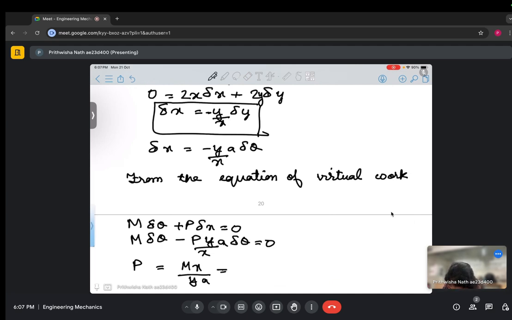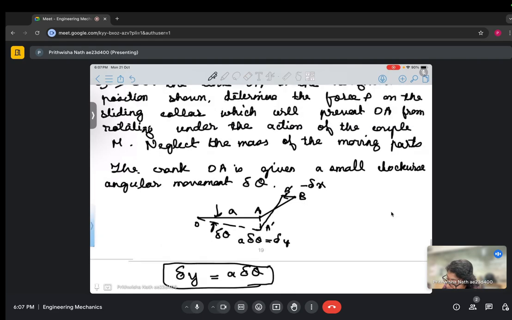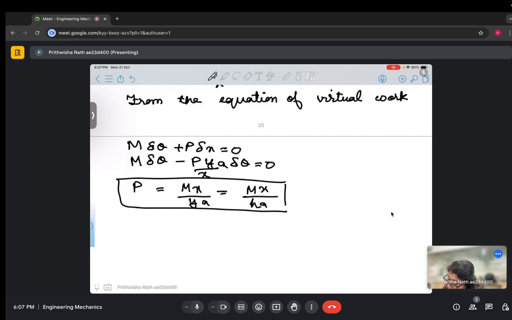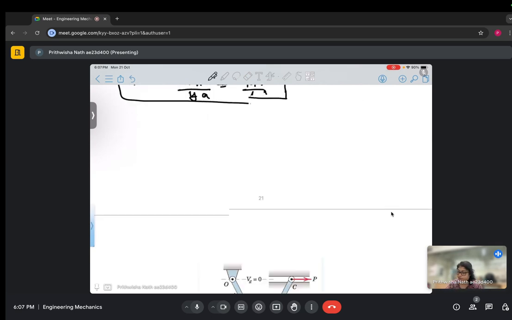Or M x by h A. So this is the force P which we were asked to find out in the question. So this is the solution. Now moving on to the next problem.